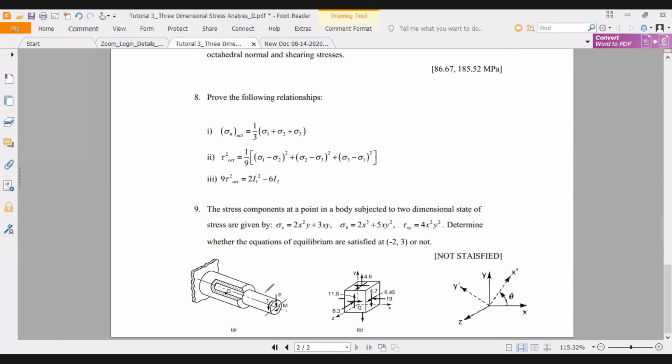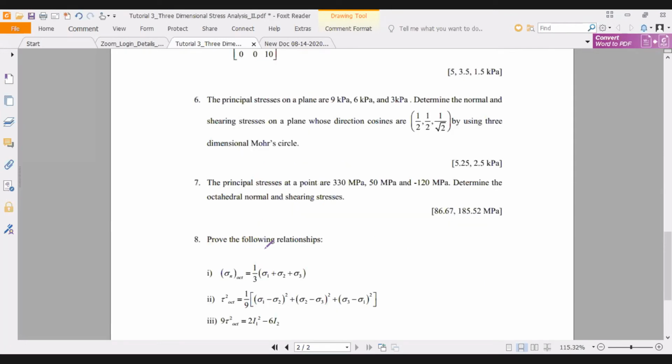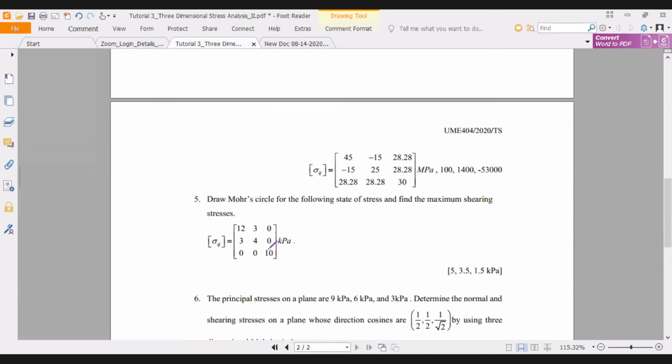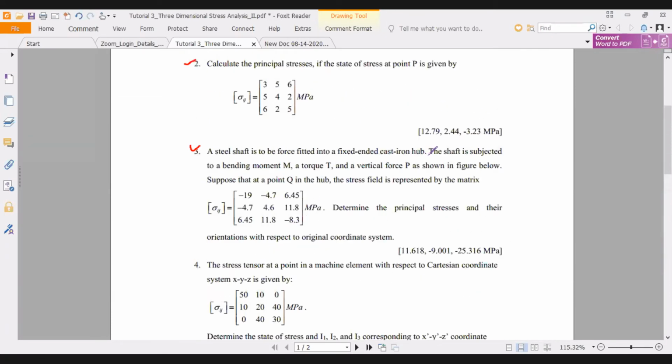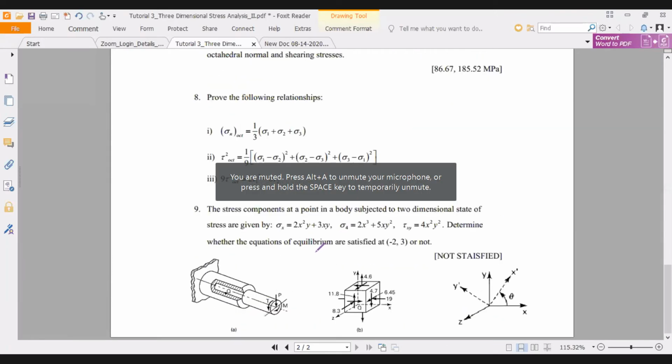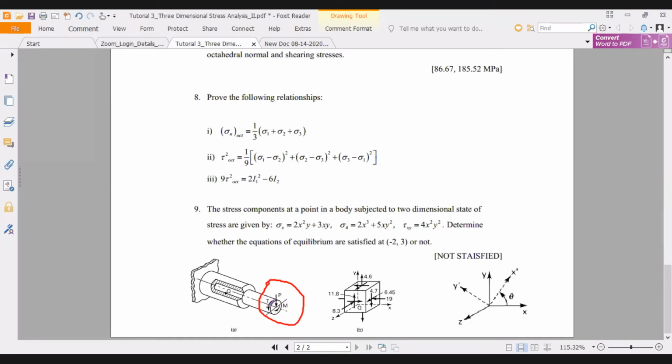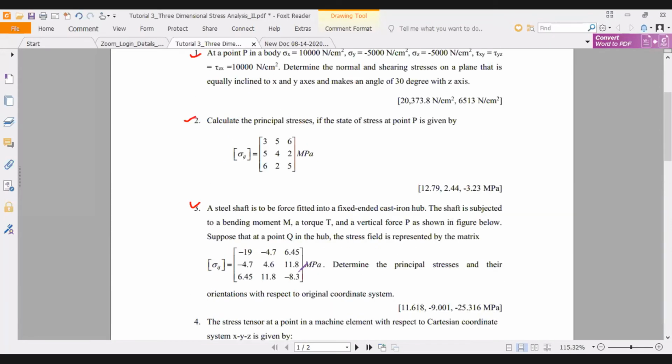Here you can see this is the steel shaft, and the hub is fitted over it. The shaft is subjected to a bending moment, torque, and vertical force. So here we can see the shaft is subjected to twisting moment, torque, bending moment M, and the point load P.